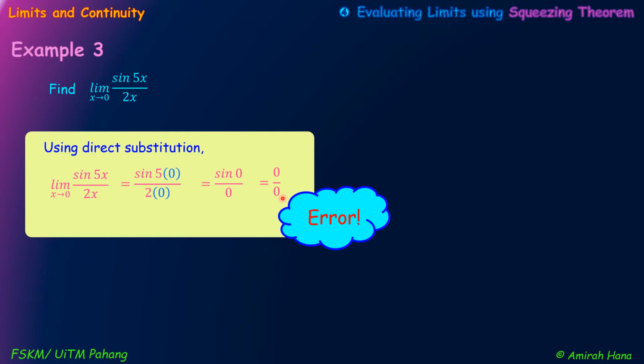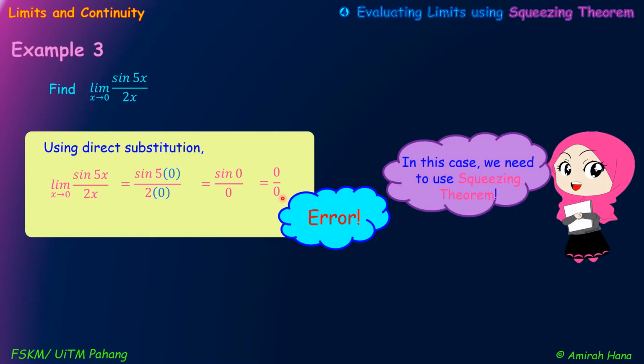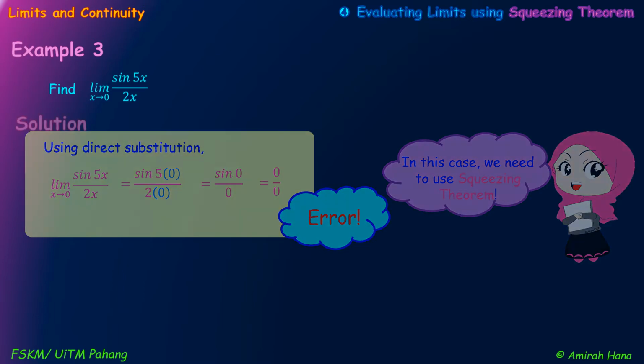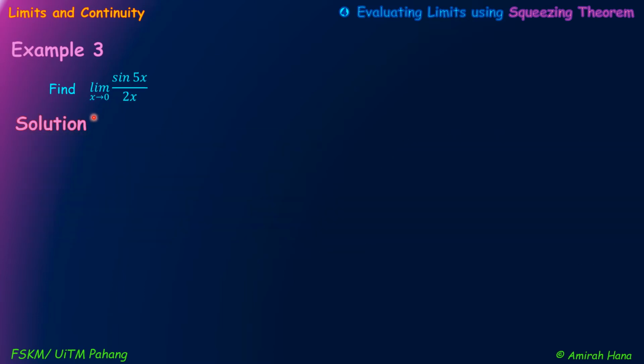So, in this case, we need to use squeezing theorem. We cannot use direct substitution. The correct method to solve this problem is, first we look at the angle of sine. We are given the angle of sine equals 5x.